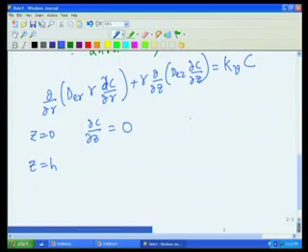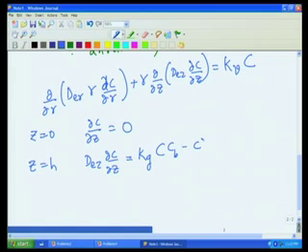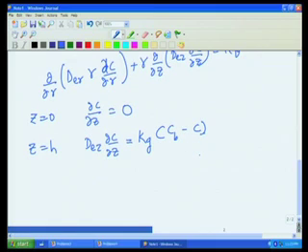So, what should happen? The diffusive flux at z equal to h must be the flux at which material is going from the boundary of the catalyst to the bulk, which is kg into (Cb minus C). This is all evaluated at z equal to h.